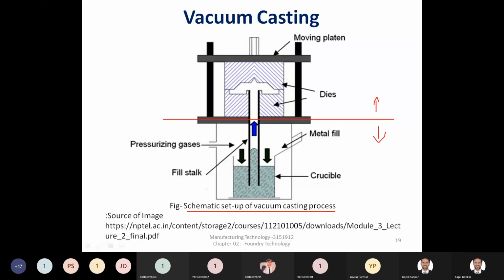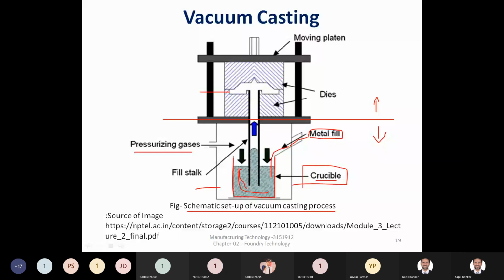This is known as the crucible. The crucible is a container that contains the molten metal. From here, you can fill the molten metal, and it is accumulated in the container known as the crucible. And here you can apply pressurized gas, or you can create the vacuum inside this mold by any means.